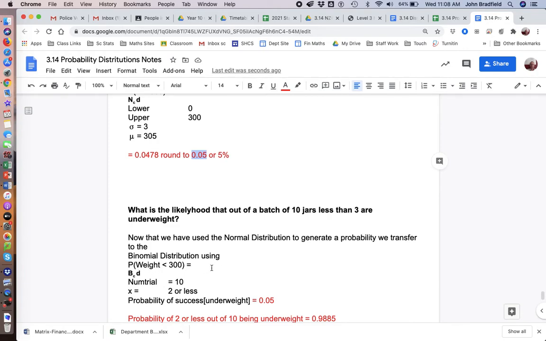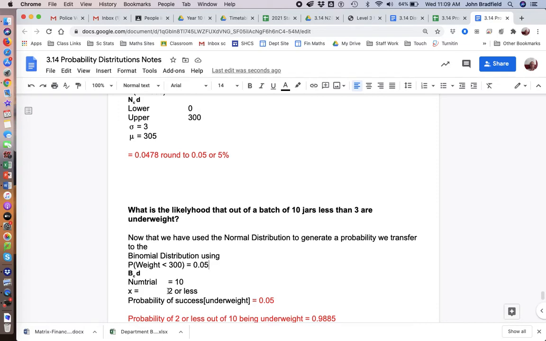Okay, so we've got the probability of the weight being less than 300 grams, or being underweight, is that. So we've got the number of trials now is 10. X equals 2 or less, so 0 underweight, 1 underweight, or 2 underweight. All of those three satisfy less than 3.